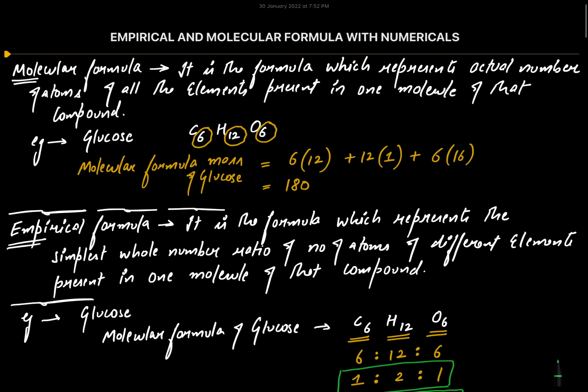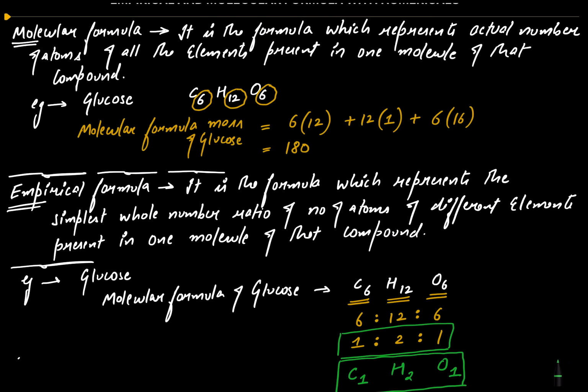So my dear students, hopefully you got the molecular formula and the empirical formula. Empirical formula is just a very simple thing. It is just representing the simplest whole number ratio of different elements present in one molecule of that compound.